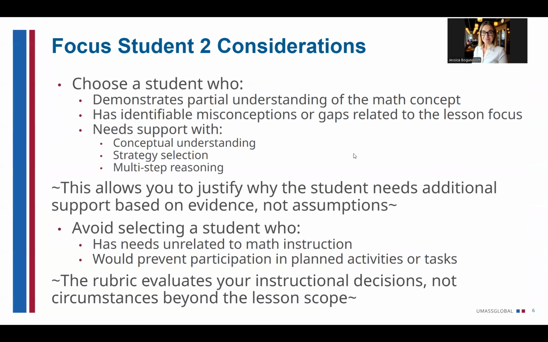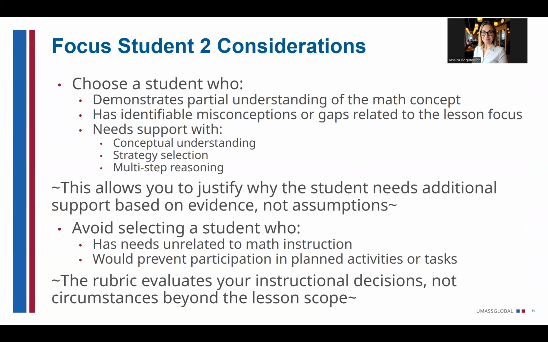So when you're choosing focus student two, you want to choose a student who demonstrates partial understanding of the math concept and they have maybe an identifiable misconception or some kind of gap related to the lesson that you're focusing on.